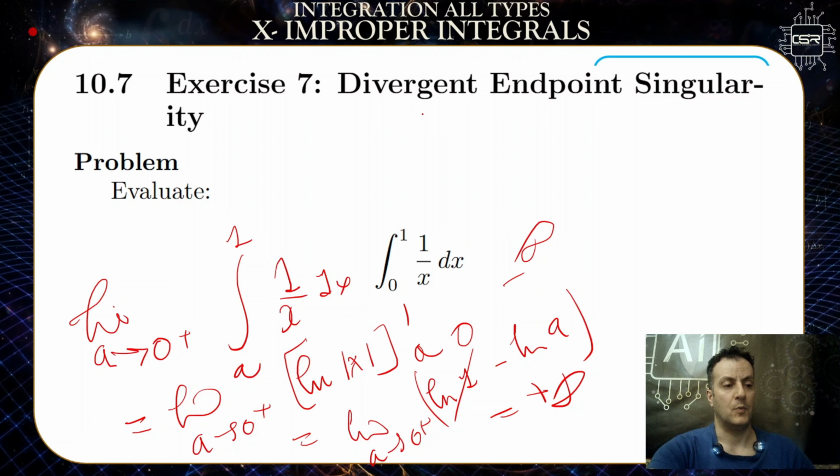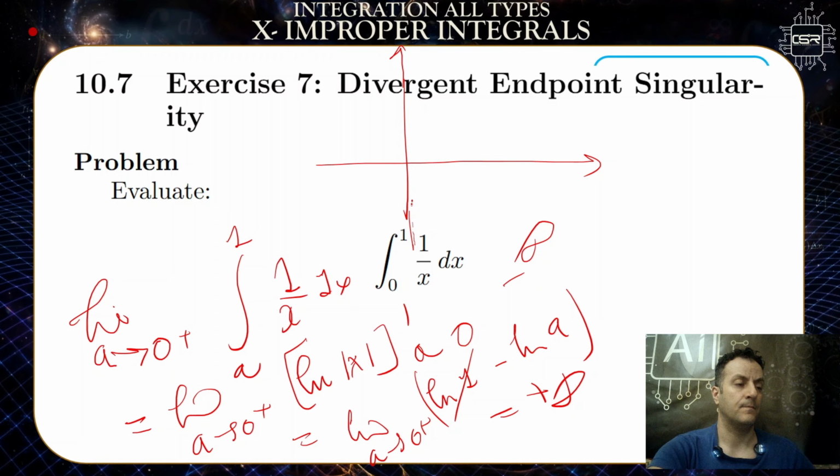And by the way, why does ln 0 blow up to infinity? Given that this is the graph of the logarithm, which is, by the way, the reciprocal function of the exponential. So the logarithm starts from minus infinity all the way to, okay, it clips the x-axis at x equal 1. This is why ln 1 is equal to 0, and it goes all the way to plus infinity.